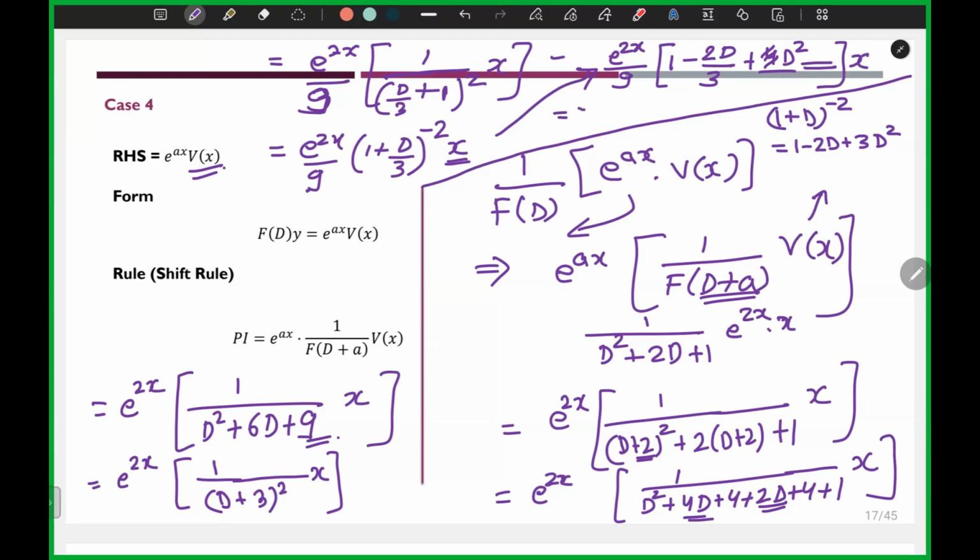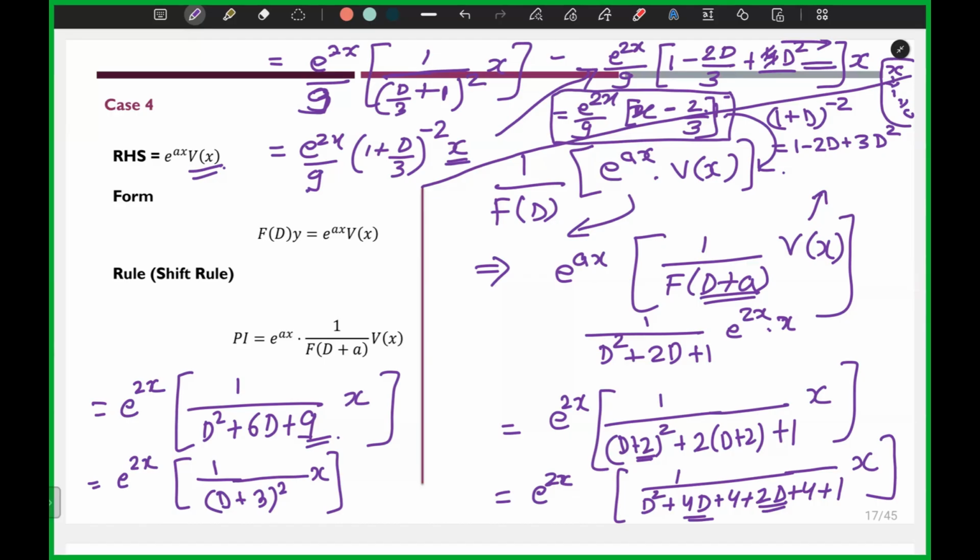So it becomes e to the power 2x upon 9 times (1 into x minus 2d upon 3 acting on x). The derivative of x is 1. Next, d square is 2 times the derivative of x, which is 0. So the rest of the terms become 0, and we do not need them. So this is the particular integral for this equation.